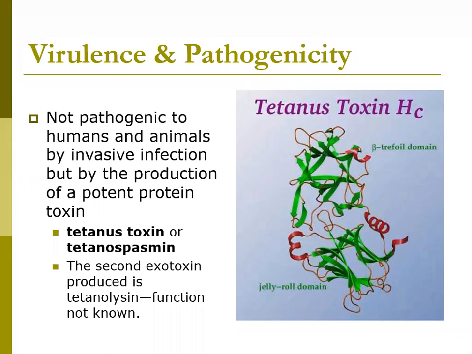It produces specific potent protein toxins. Two types of toxins are produced by this bacteria. The first one is tetanus toxin or tetanospasmin, and the second one is an exotoxin, also known as tetanolysin. Its function is still not known.